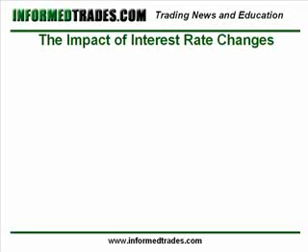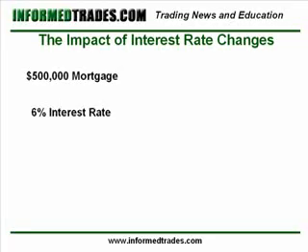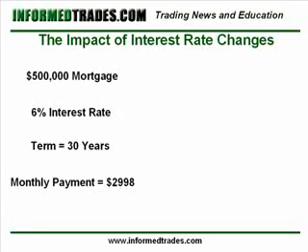Okay, so to get an idea of just how much even small changes in interest rates can affect things, consider the following example. The payment on a $500,000 mortgage at an annual interest rate of 6% with a 30-year term is $2,998.